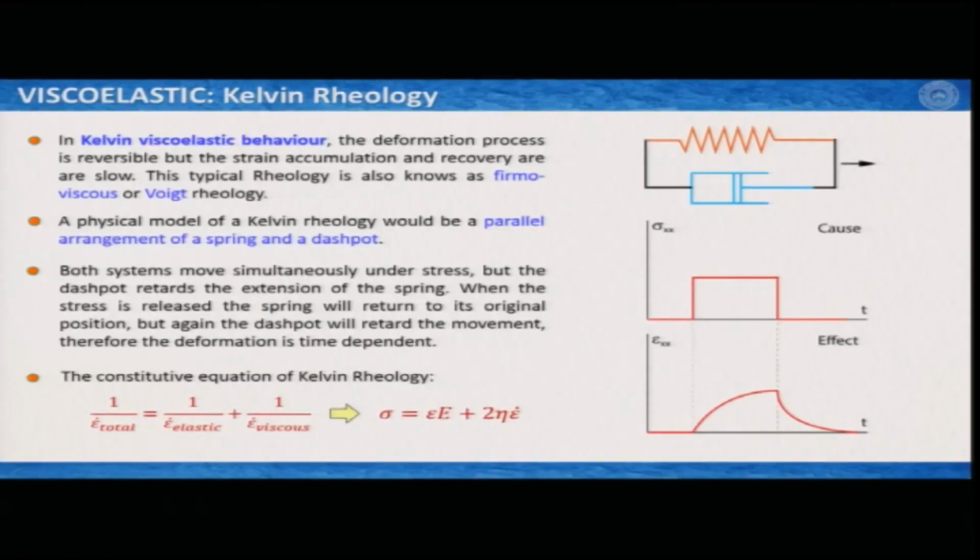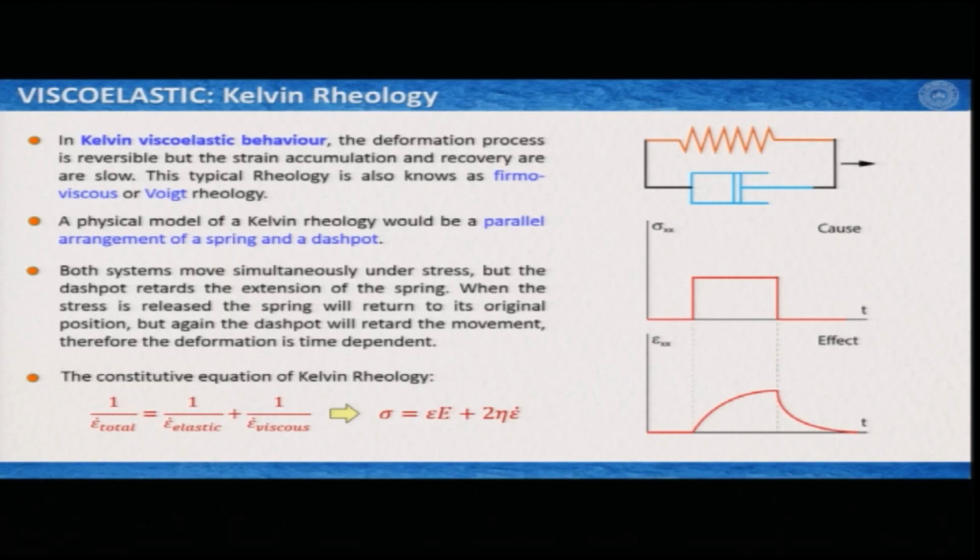So, in Kelvin viscoelastic behavior or Kelvin viscoelastic materials, the deformation process is reversible, right. That is the first thing to get, but the strain accumulation and recovery are extremely slow. It is not like elastic materials, and this typical rheology, this Kelvin rheology, is also known as Kelvin-Voigt or Voigt rheology.